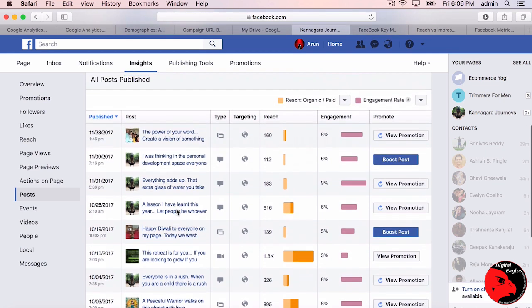It's important that you have a good estimation of which post performed well, because you would like to replicate that strategy. For instance, this has got good reach but this has got less engagement percentage. So you should keep this in mind, use this data, and replicate what is working.